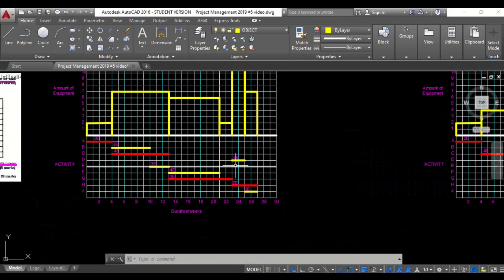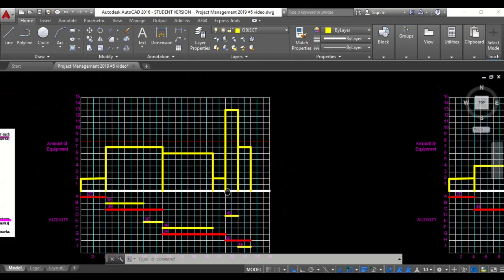And then here, it is 6 equipment for these 2 weeks. Again, I'm just going to select both vertical and horizontal lines so that they move all together.